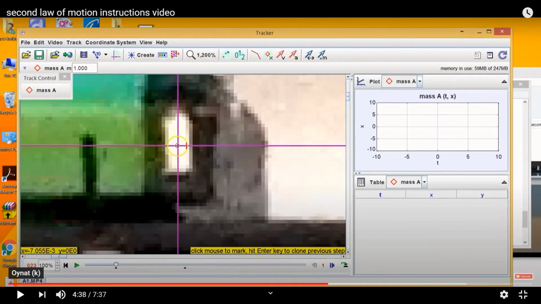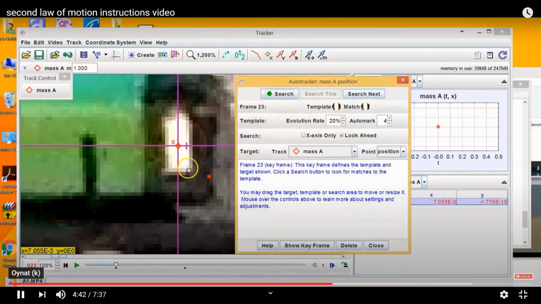When the circle is brought onto the point we want to make the position measurement, we make the first measurement by using the left button of the mouse.